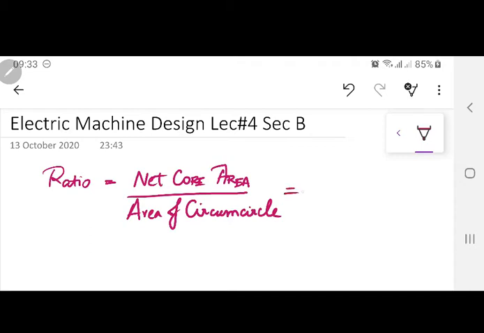And since the net core area is A net, or AI, we use two variables in this book, we are using AI, and the area of the circumcircle, as we all know, is pi d square by 4.